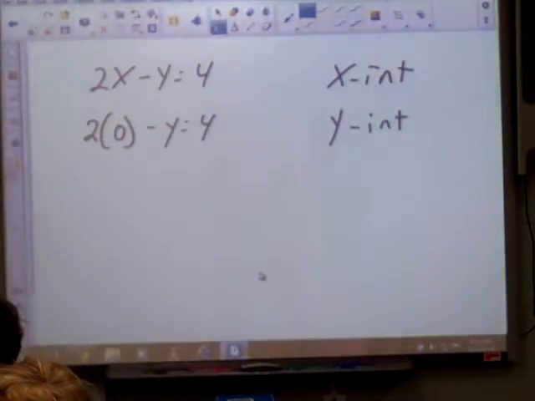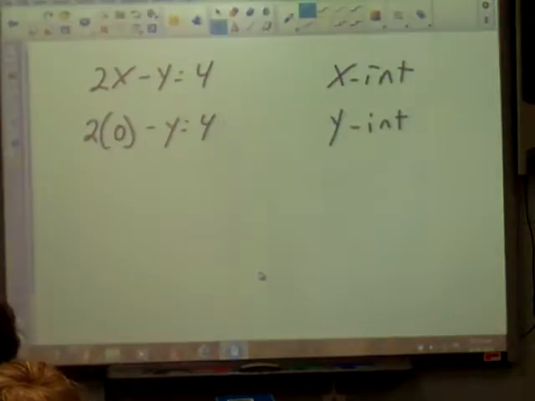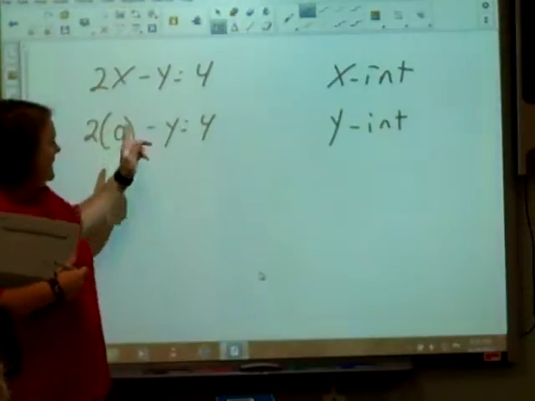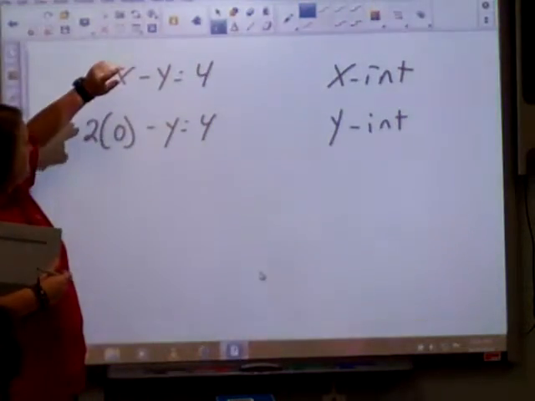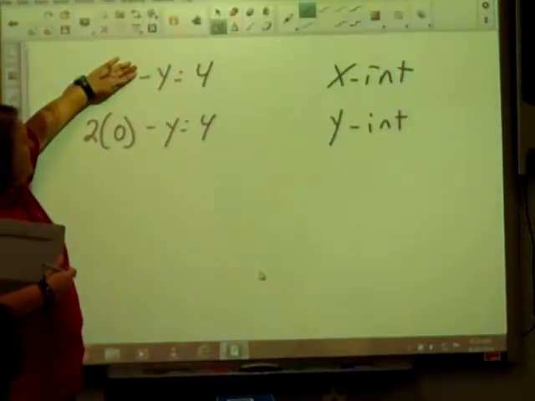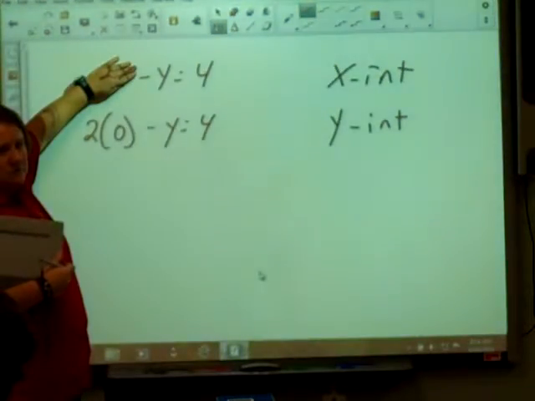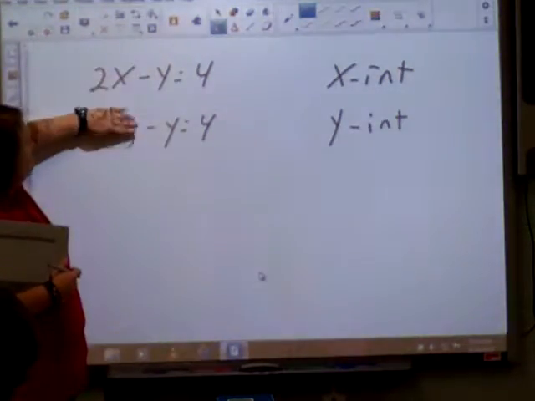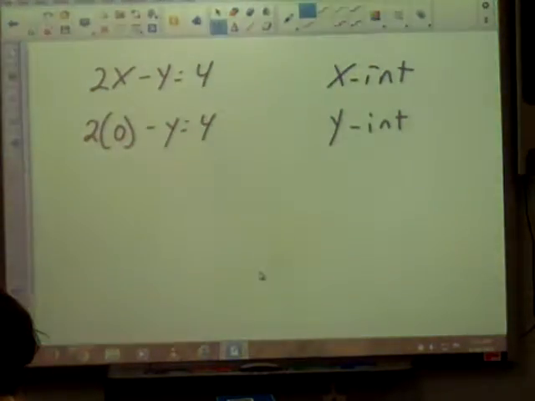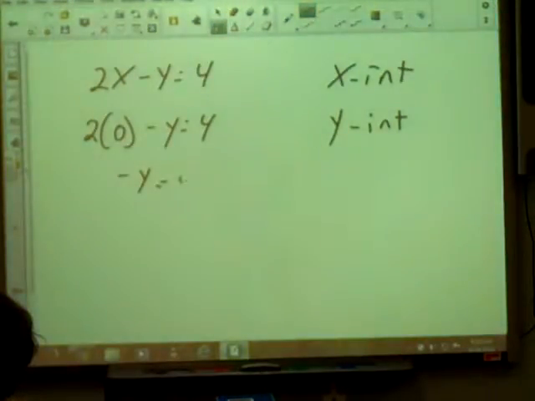All I do, and y'all have seen me do this before, 2 times 0 is 0. So if I'm trying to find the y-intercept, all you're basically doing is taking the x out. Because 2 times 0 is 0. So we're just left with negative y equals 4.